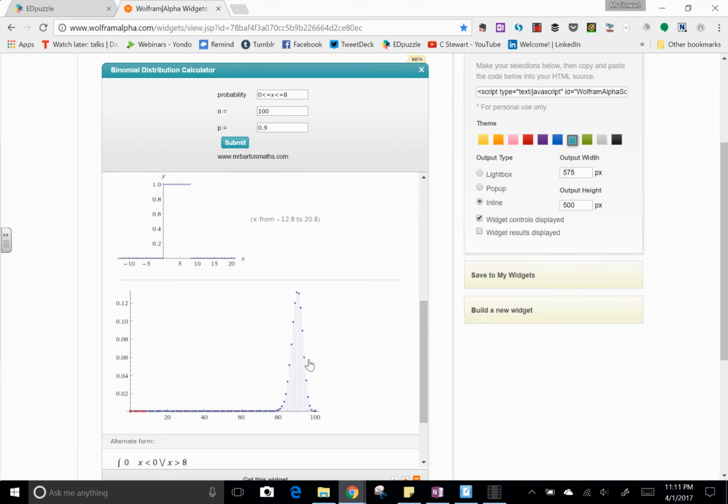Okay, so hopefully the use of the Wolfram Alpha tool has given you a sense of just how we can predict the distributions just by knowing the n and more so the p-value.